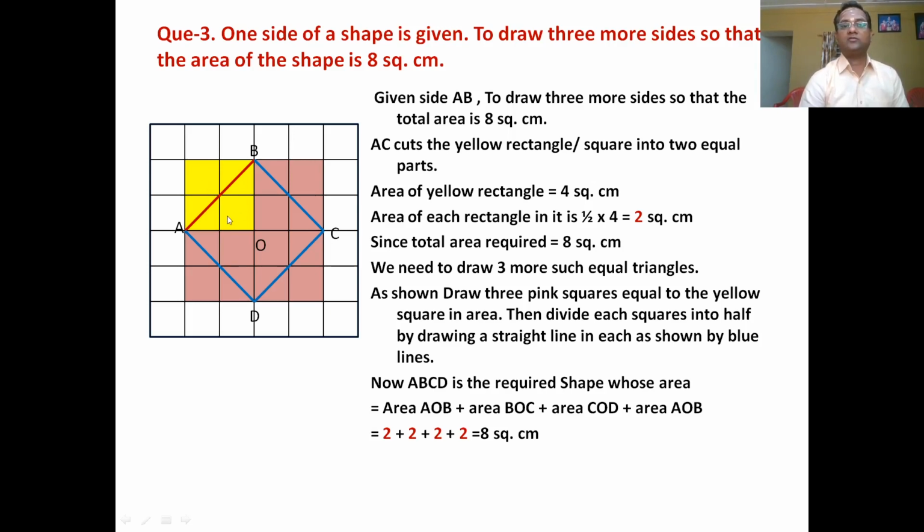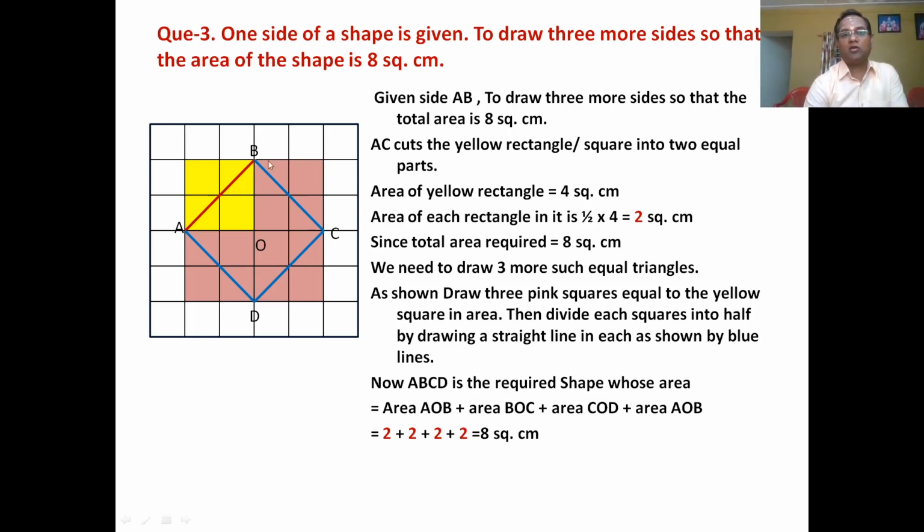Since the square is of 4 square units, area of the triangle AOB becomes 4 divided by 2, that is 2 square centimeters. Now the total area required is 8. So if I draw exactly 3 more replicas of the same triangle, the purpose will be solved.